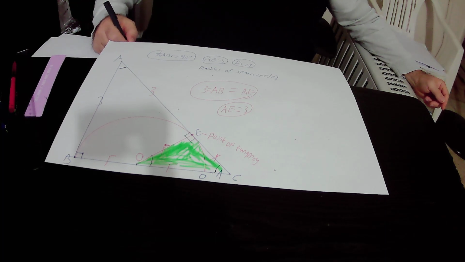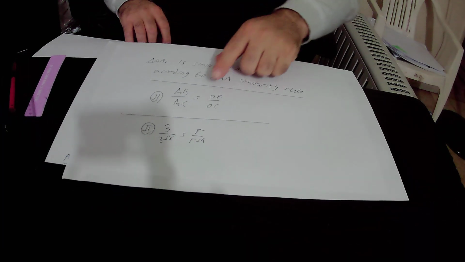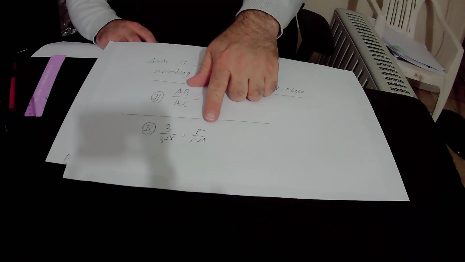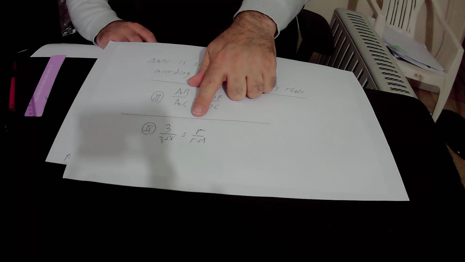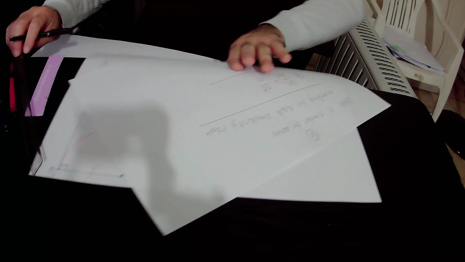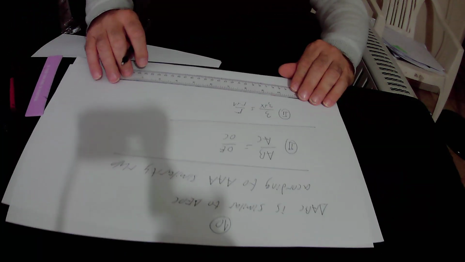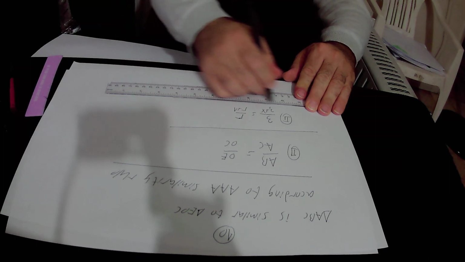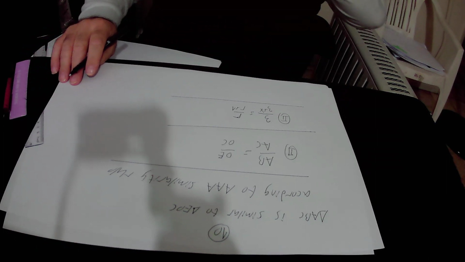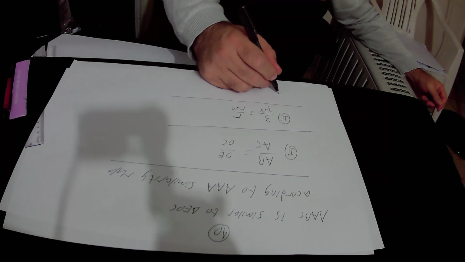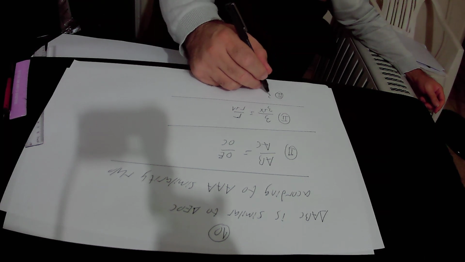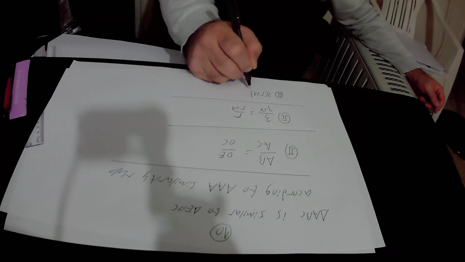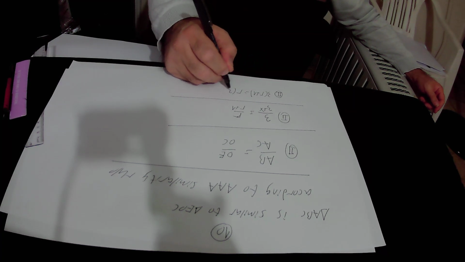So in total we got that 3 over 3 plus x equals R over R plus 1. Here we will cross multiply, and we will get that 3 times R plus 1 equals R times 3 plus x.